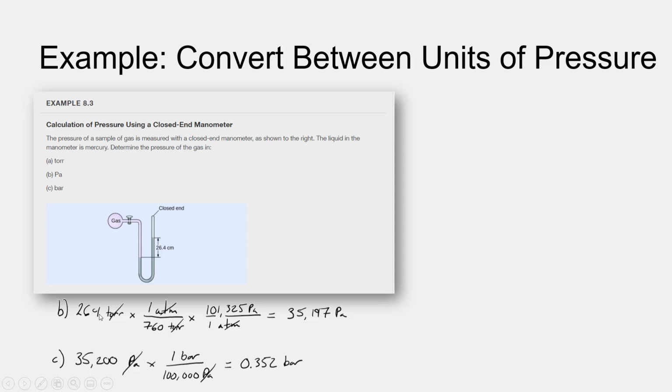So we take 264 divided by 760 times 101,325 pascals. Torr cancels with torr, atmospheres cancels with atmospheres, and the pressure the gas is exerting is equivalent to 35,197 pascals. And again, ultimately, when we report our answer, we're going to shrink this down to 3 sig figs. So 35,200 pascals.